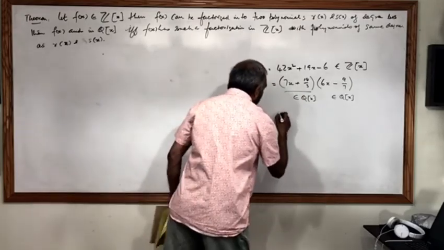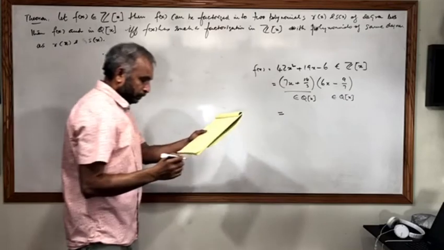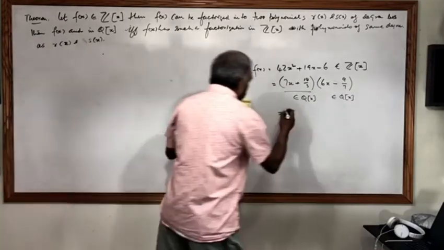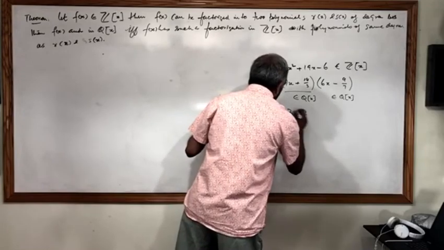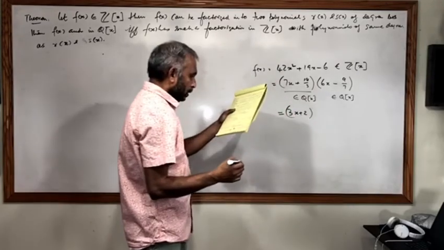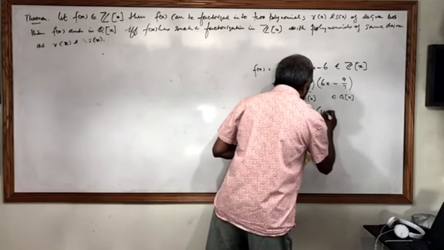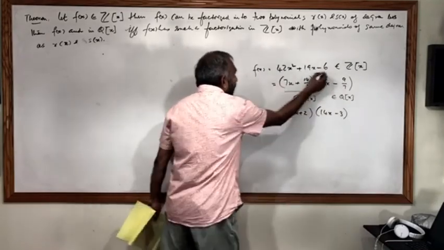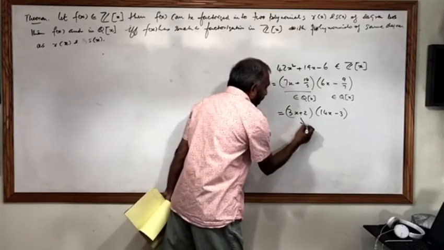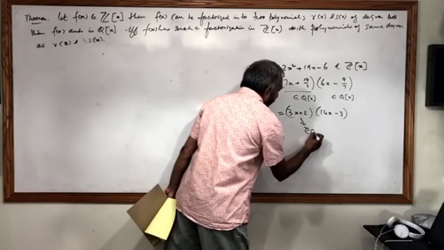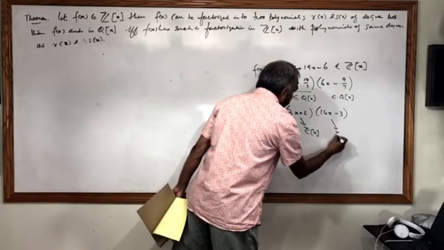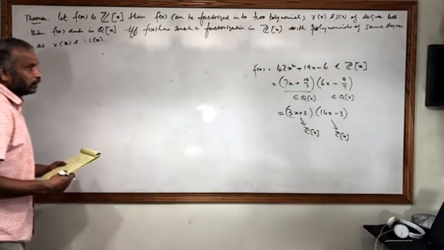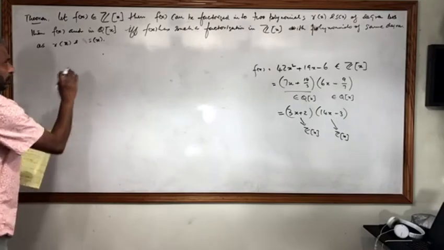This can also be written as (3x + 2) times (14x − 3). If you expand this one, you will get this. But these two are in Z[x]. Okay, so that is what the theorem says.